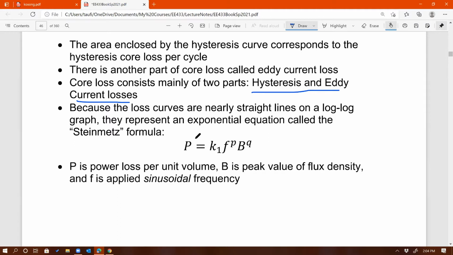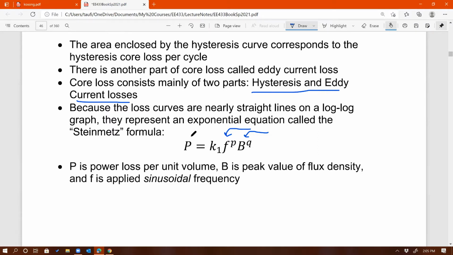And if you measure, for example, the power loss with respect to the frequency, as well as the flux density, so not just a function of frequency but also a function of flux density, and plot it on a log scale, then we have this equation called the Steinmetz equation that goes like this: power loss P equals some constant K1 times f to the power of p times B to the power of q.